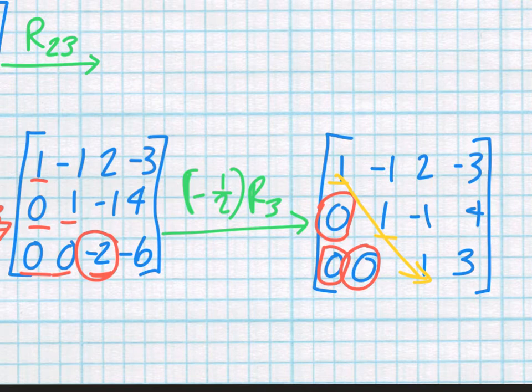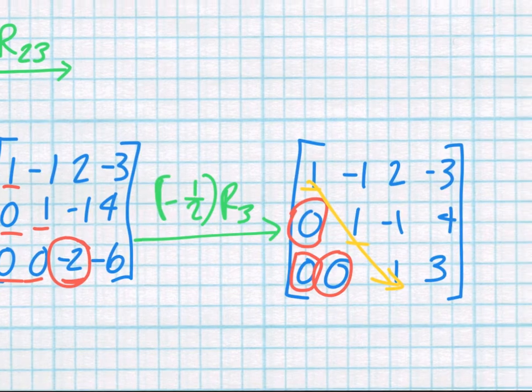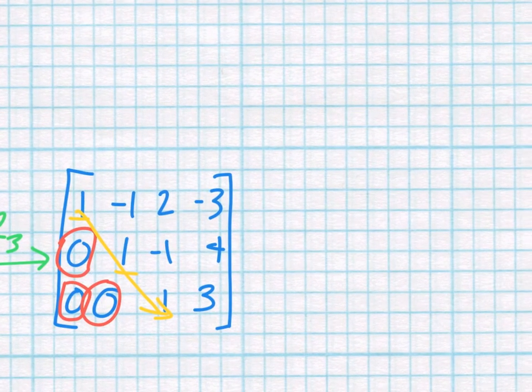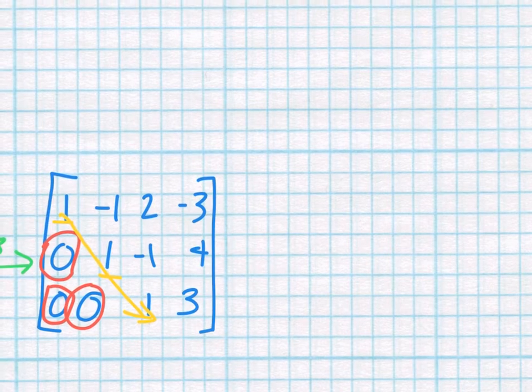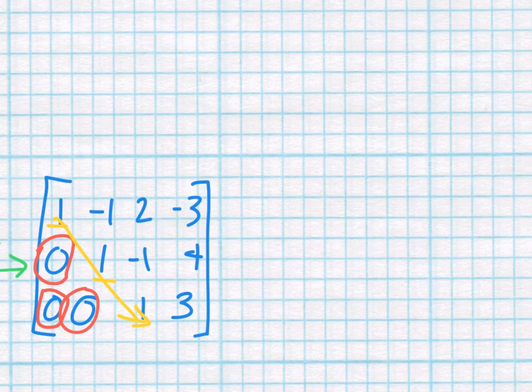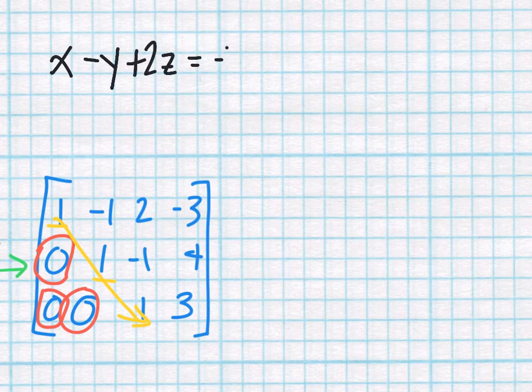So if I'm trying to solve this system of equations, my last step would be to take this row echelon form, turn it back into a system of equations, and use substitution to find my final solution. So I can say this is x minus y plus 2z equals -3.